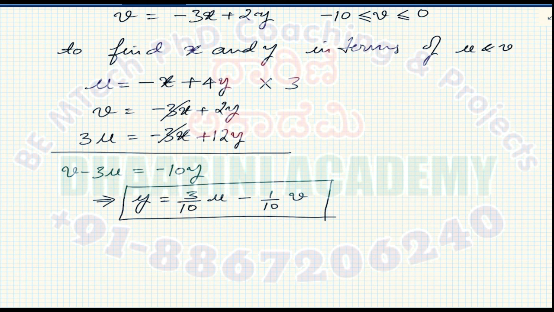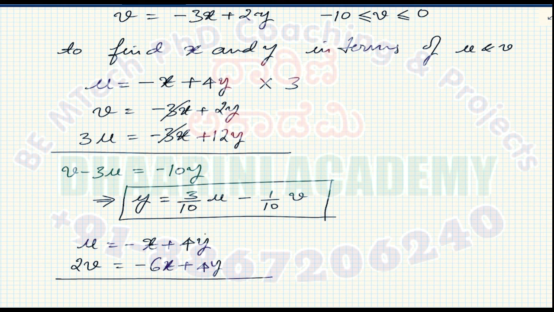Similarly, now match the y part. I write u as it is. So u is equal to minus x plus 4y, but the second, v, I multiply by 2. So 2v equals minus 3 into 2, so minus 6x plus 4y.